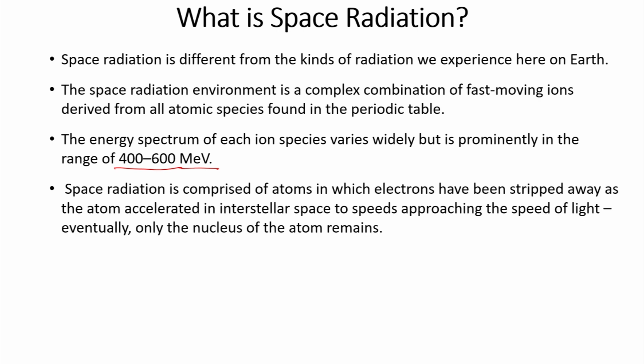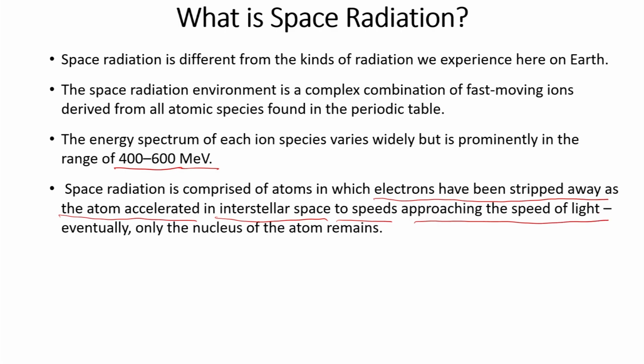So, this space radiation, as we are discussing, is comprised of atoms from which all the electrons have been stripped away, as the atoms are accelerated in interstellar space to speeds which approach the speed of light.